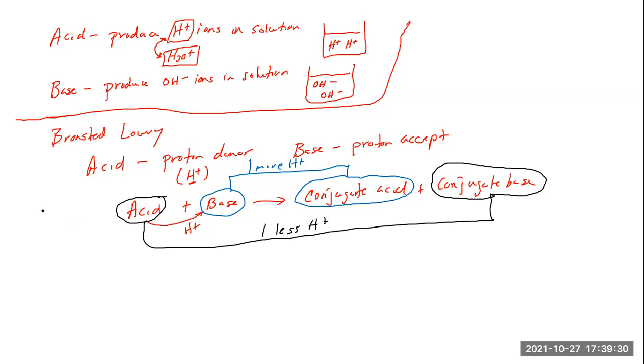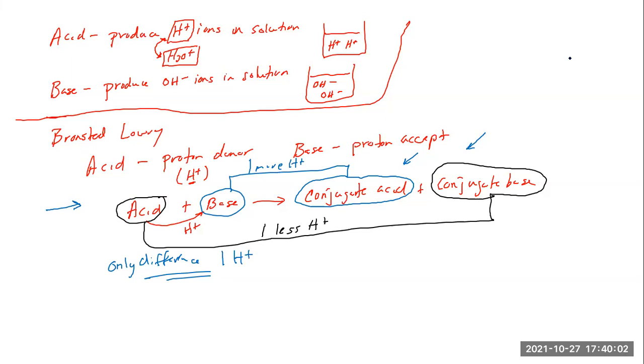A reminder that your run-of-the-mill acids and bases are on the left-hand side of the arrow, and all your conjugate partners are on the right-hand side. The other important thing is that it can only be a difference of one H plus. In order to be conjugate acid-base pairs, the only difference between them is one H plus.